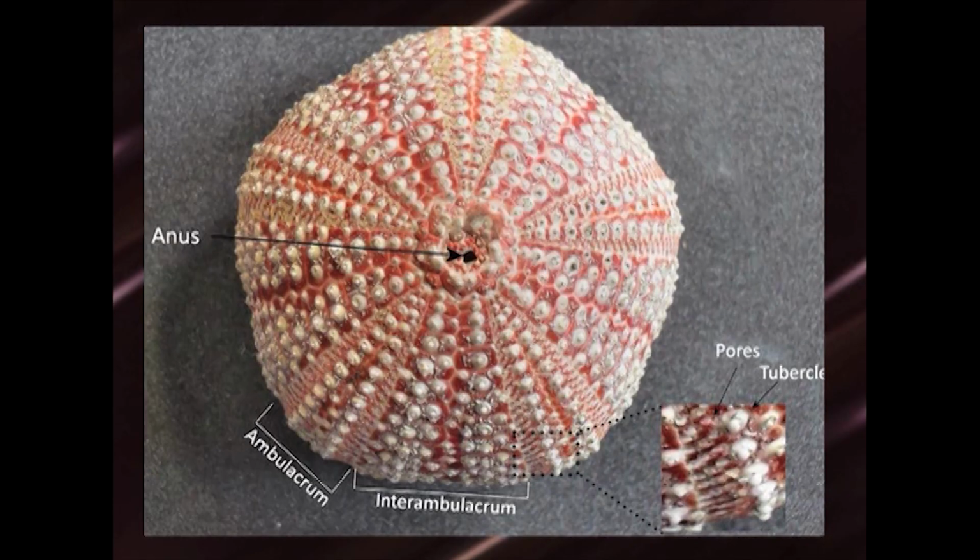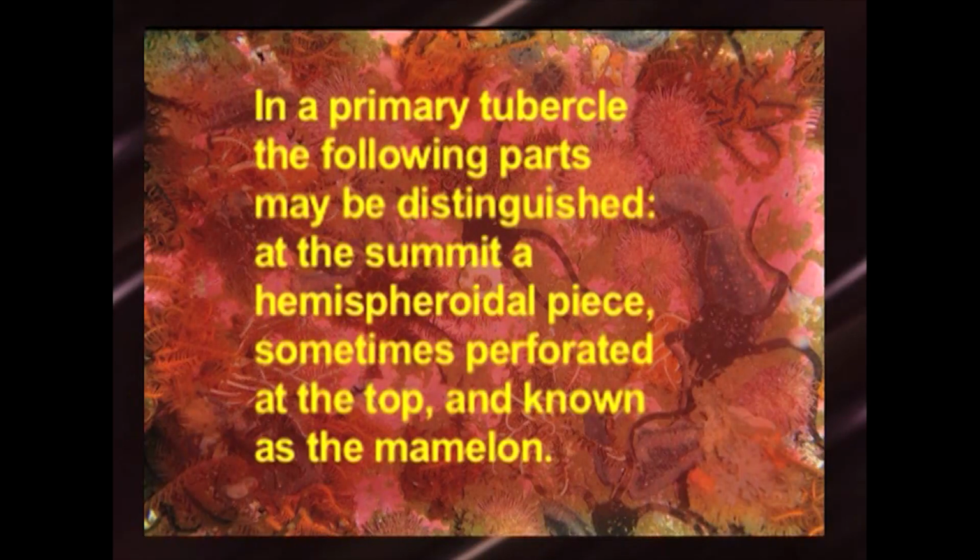The plates of both ambulacral and interambulacral areas are often provided with rounded elevations known as tubercles and granules. The tubercles are of various sizes, the largest being the primary, and those of the smaller sizes being secondary. In the primary tubercle, the following parts may be distinguished.